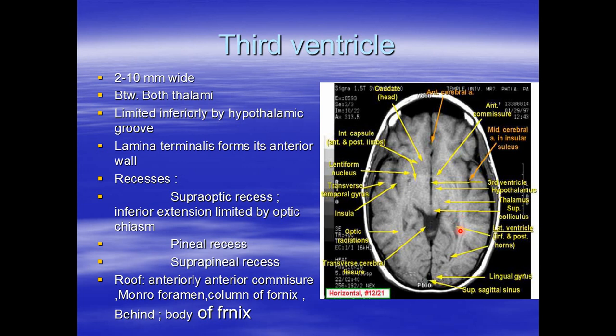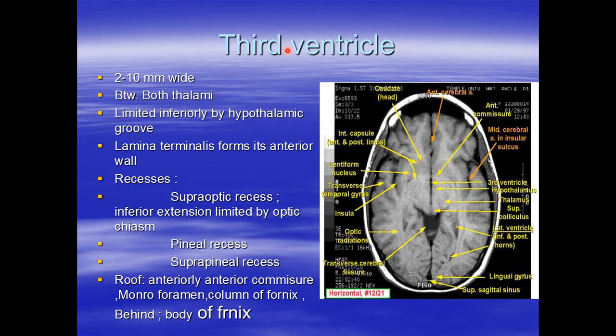It may be in the anterior aspect of the occipital lobe, but the main body of the choroid plexus is within the body of the lateral ventricle. So the ones that do not contain it are mainly the occipital and the frontal horns of the lateral ventricle.